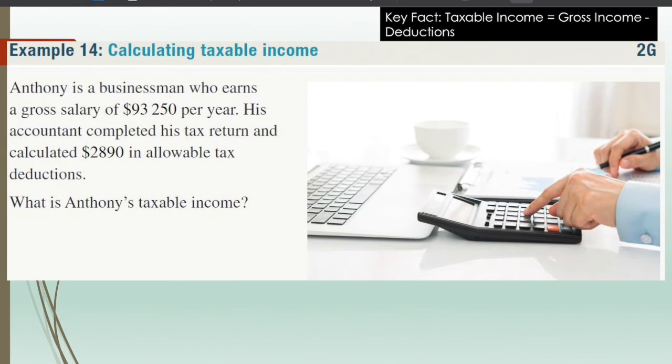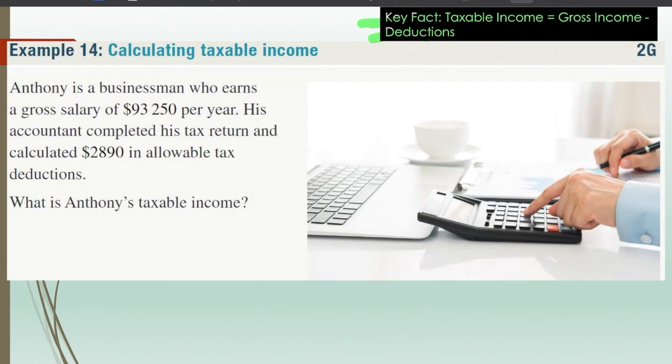All right, let's calculate some taxable income now. This is the salary of our friend Anthony, $93,250. He has $2,890 worth of allowable tax deductions. So the process of finding his taxable income is very simple.